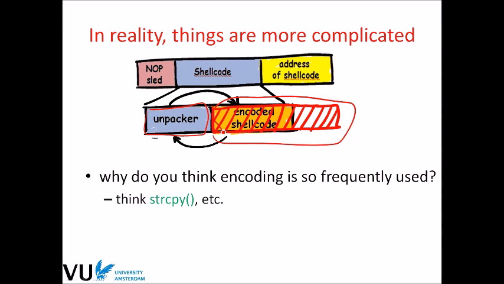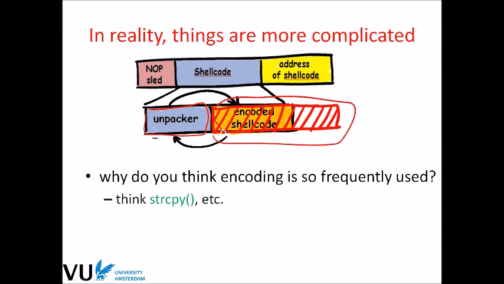Well, one reason might be that your shellcode shouldn't be very easy to spot. If you know exactly the instruction sequence, you could have a filter in your network scanning for those sequences, and if you encounter them, say, okay, I know what this is. This is shellcode. I don't want to allow this.